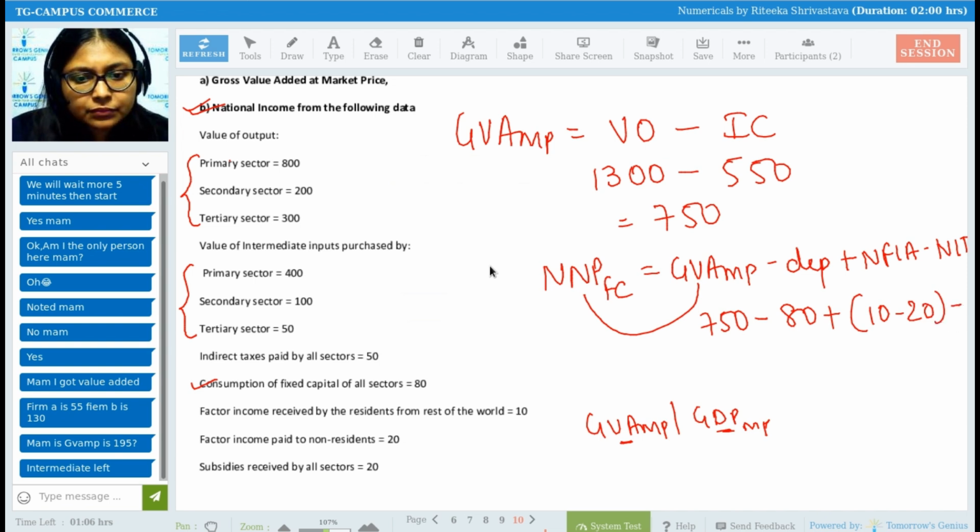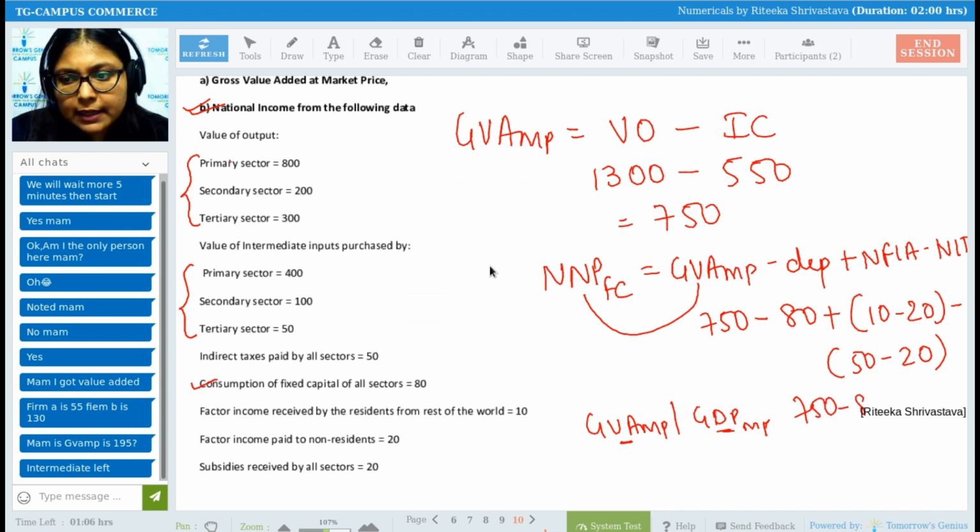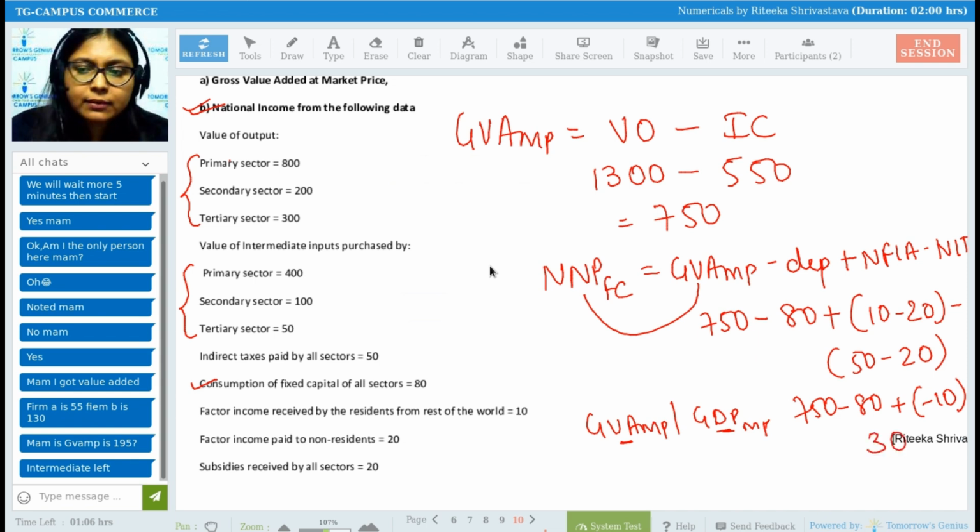Indirect taxes minus subsidies, so how much? 50 minus 20. Now just solve this: 750 minus 80 plus 10 minus 20 minus 50 minus 20. You will get the answer.